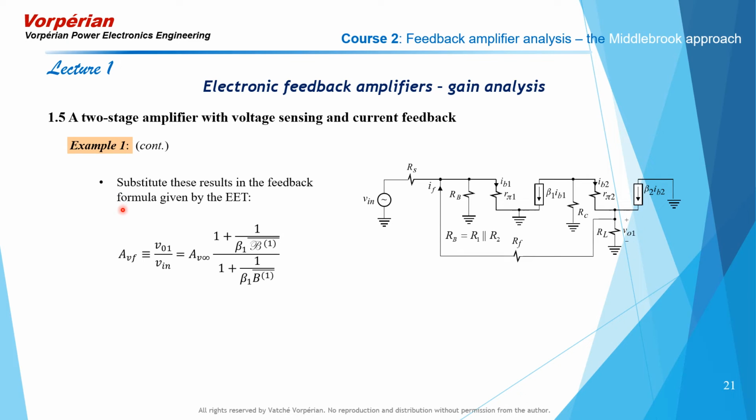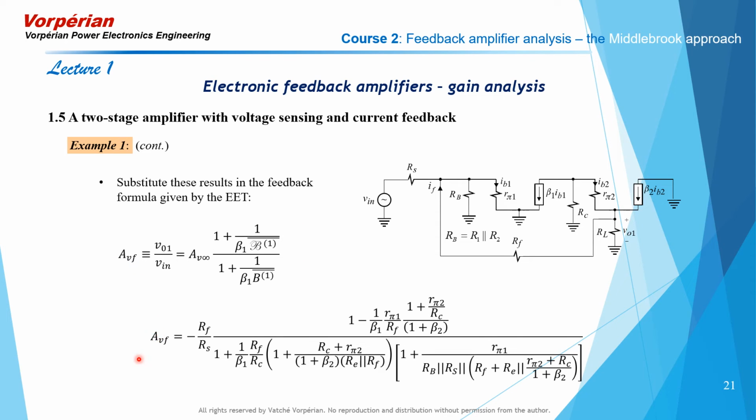And when we substitute these results in the feedback formula given by the EET, we obtain the complete expression of the voltage gain of this feedback amplifier system. Up front, we have the ideal closed-loop gain, which corresponds to the gain of the amplifier system when β1 is infinite, and this is the correction factor owing to the fact that β1 is not infinite.